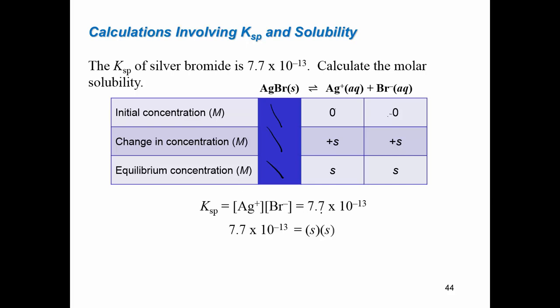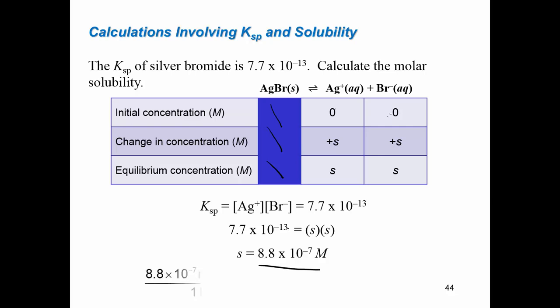Now the KSP value is worked out in a very similar manner to all the other KEQ values that we have been looking at so far, where the S value is equal to the concentration of each of these ions in solution. And you see this is a very small number.